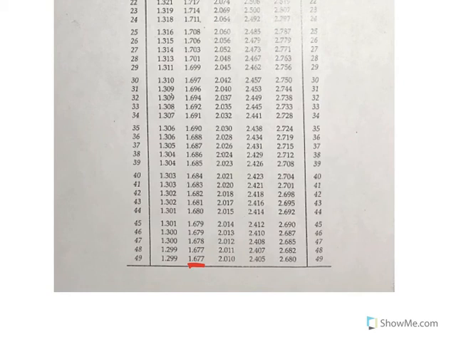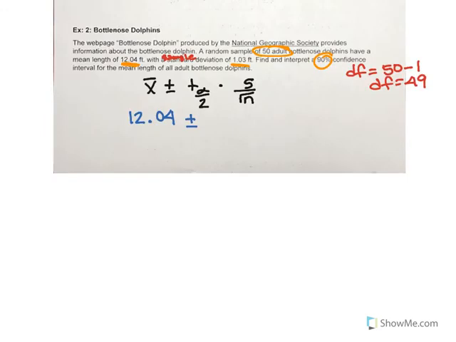So we're looking at 1.677. Okay. 1.677 times 1.03 divided by the square root of 50.